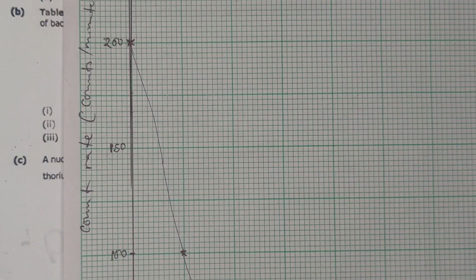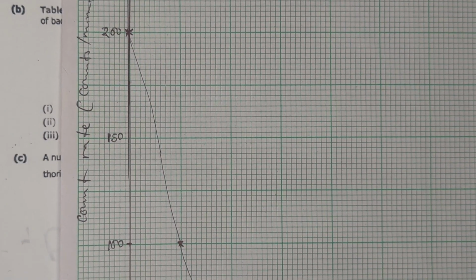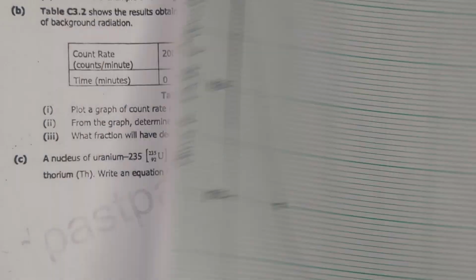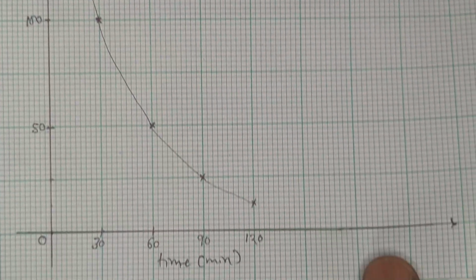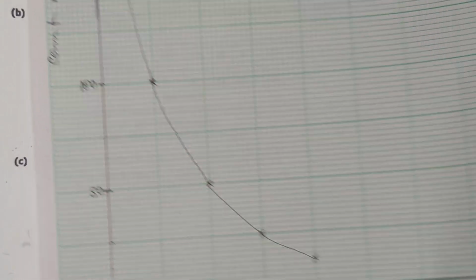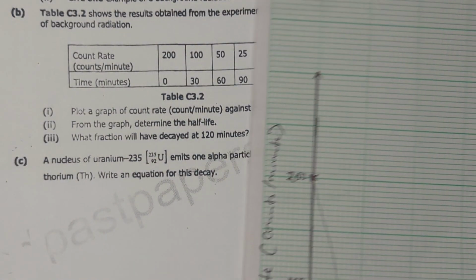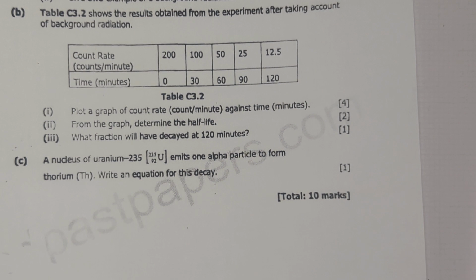After joining the points, this now becomes our graph. So this is how the graph should look like. So for question 1, we are done.